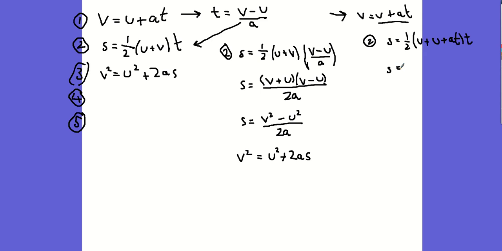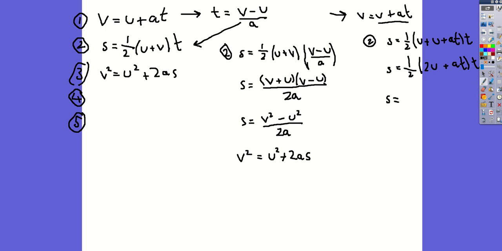So s equals half, u plus u is 2u, and then there's the at times t. Then when I expand, I need to make sure I expand across the left side and across the right side. So expand the brackets. I've got a half times 2u times t. And that makes half of 2u is u times t is ut.